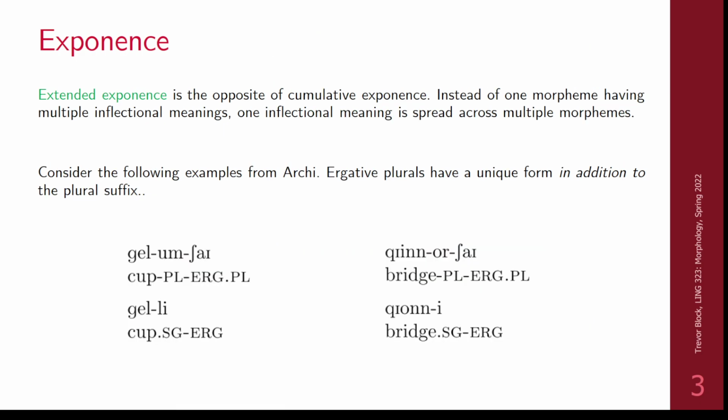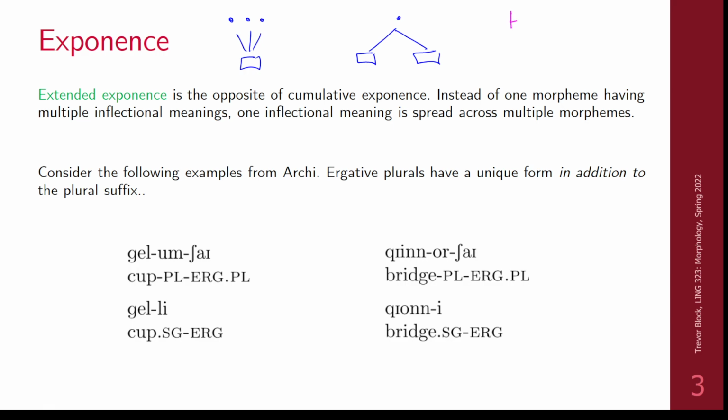Now on the other end of the spectrum is this thing called extended exponents. So instead of having a bunch of meanings attaching to one morph, instead one morpheme, one meaning, appears in multiple different places.